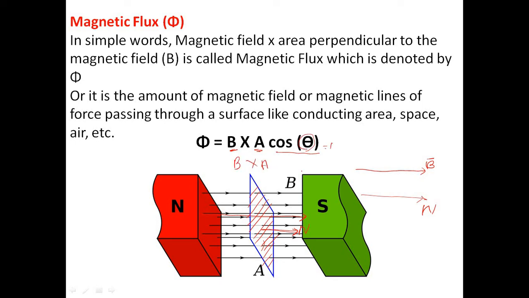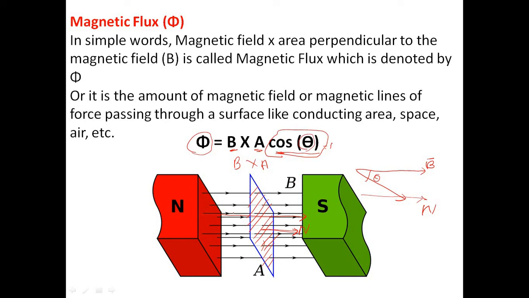But what if this surface area has another orientation, like the direction of the normal is like this? In this case it has a particular angle theta between them, so it affects the quantity of this magnetic flux. That's why this effect is shown by cos theta, and this term has been introduced in the formula, BA cos theta.